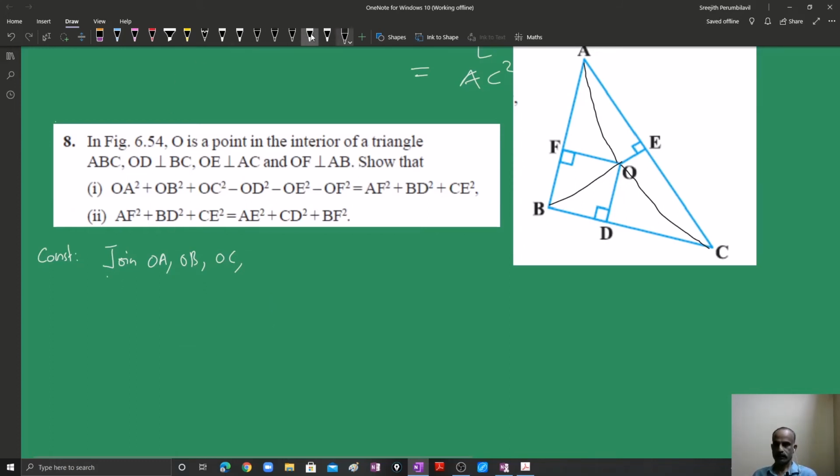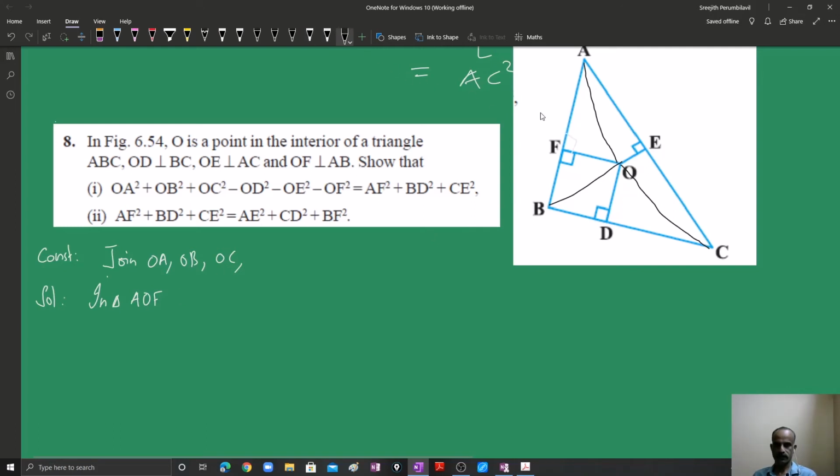Now we will start. First, you have OA square. So this is the proof or solution part. In triangle AOF, it's a right angle at this point.